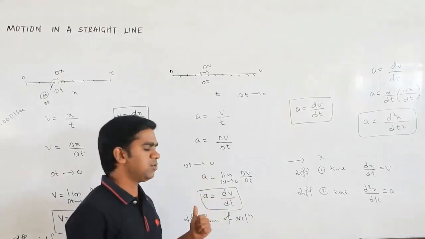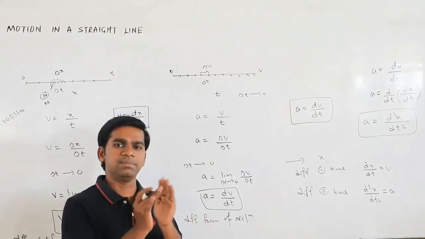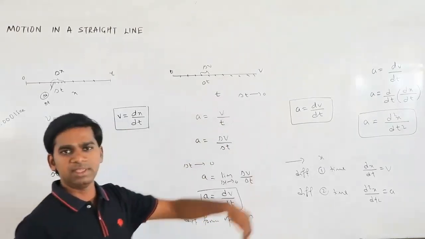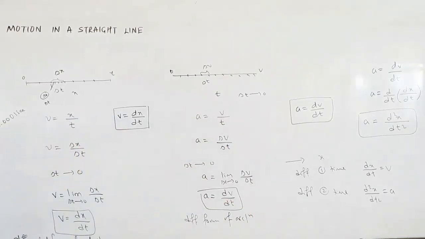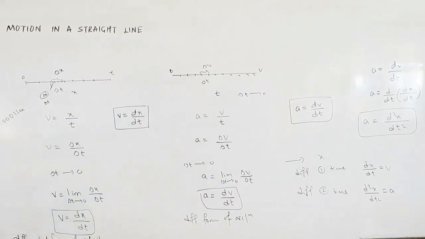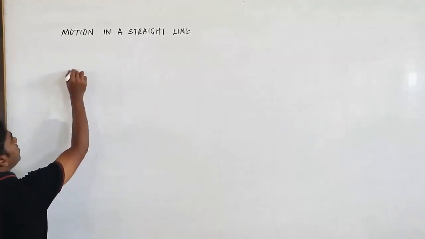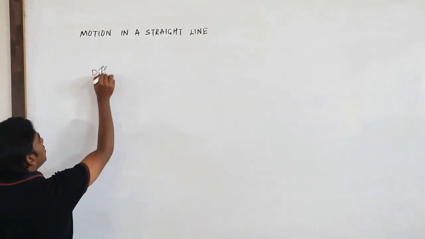So I am going to take a little part of mathematics. We will see how to differentiate, then we can go with the examples of finding velocity and acceleration when it is a continuous function of time. We will see a simple differentiation.